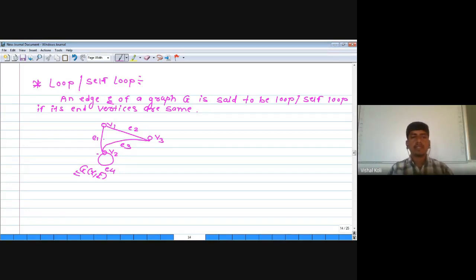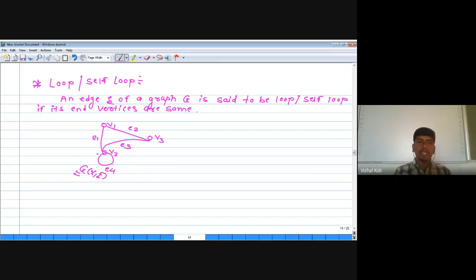As here edge E1 is an edge which is incident on two vertices V1 and V2, therefore, according to the definition of loop, this one is not a loop. Similarly, E2 and E3 are the edges which are incident on two vertices, that is V1, V3 and V3, V2. Therefore, E2 and E3 are again not loops.